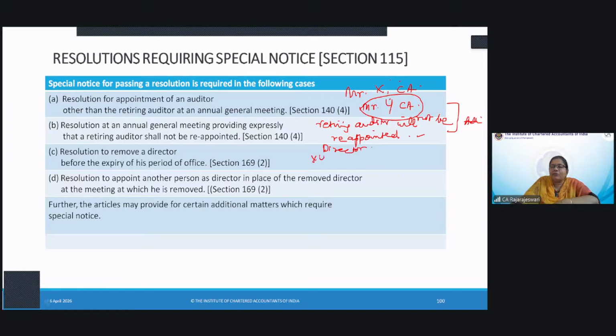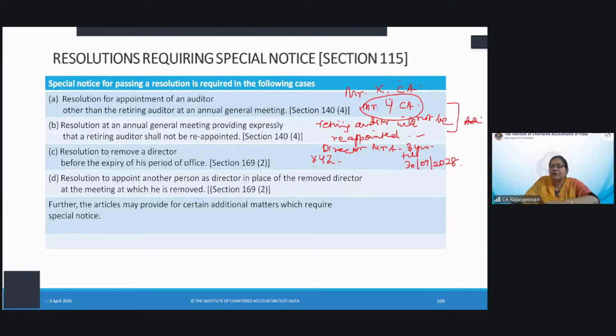Suppose XYZ wants to remove a director, Mr. A. He holds office for, say, a period of 3 years till 30/9/2028.